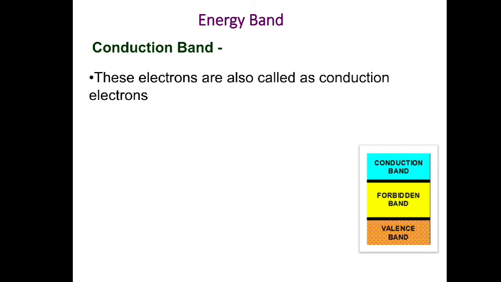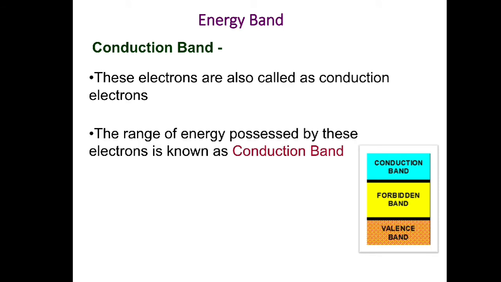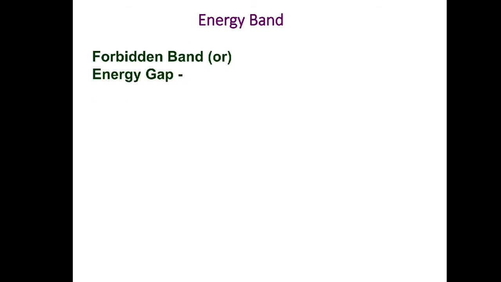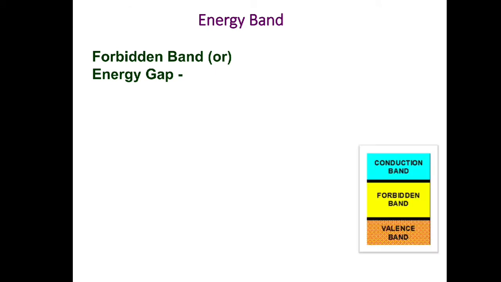So what is conduction band? The electrons present in the conduction band are known as conduction electrons. The range of energy possessed by these electrons is known as the conduction band. And what is the forbidden band or energy gap?